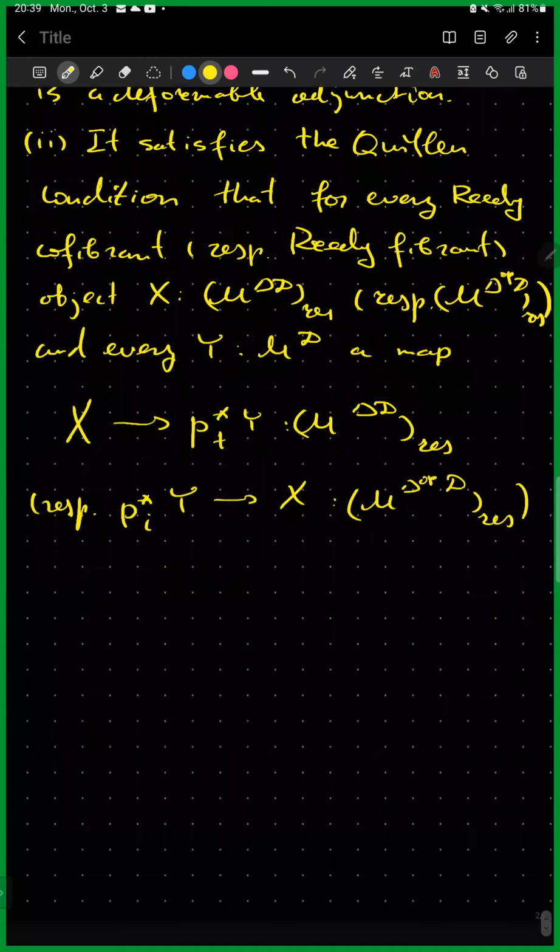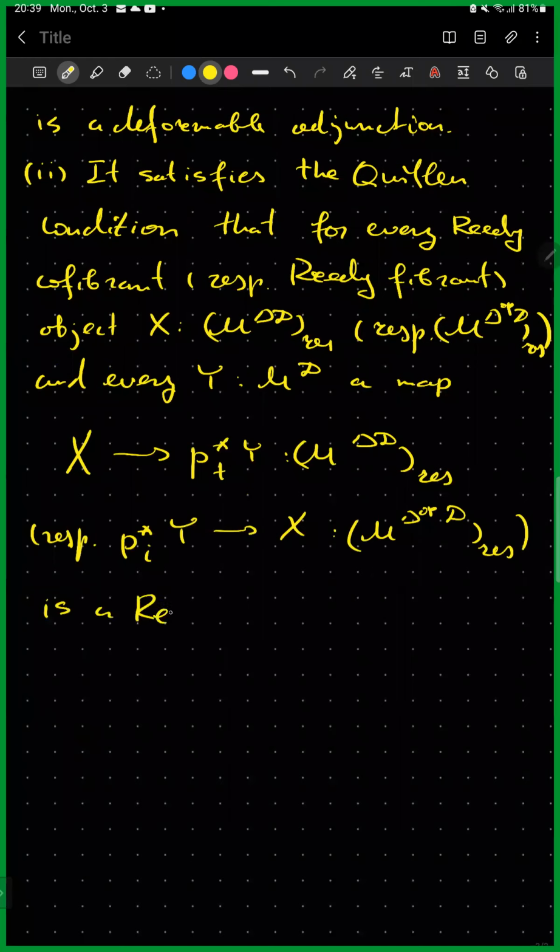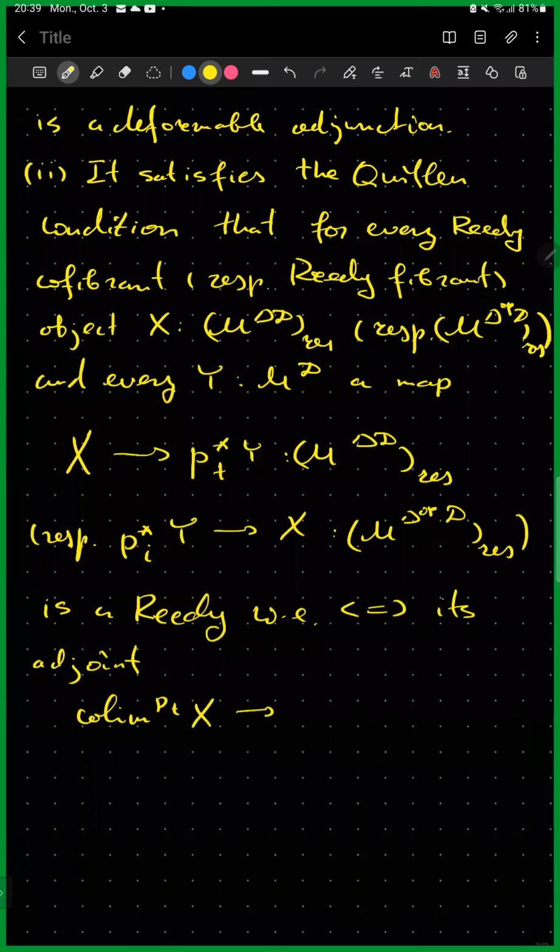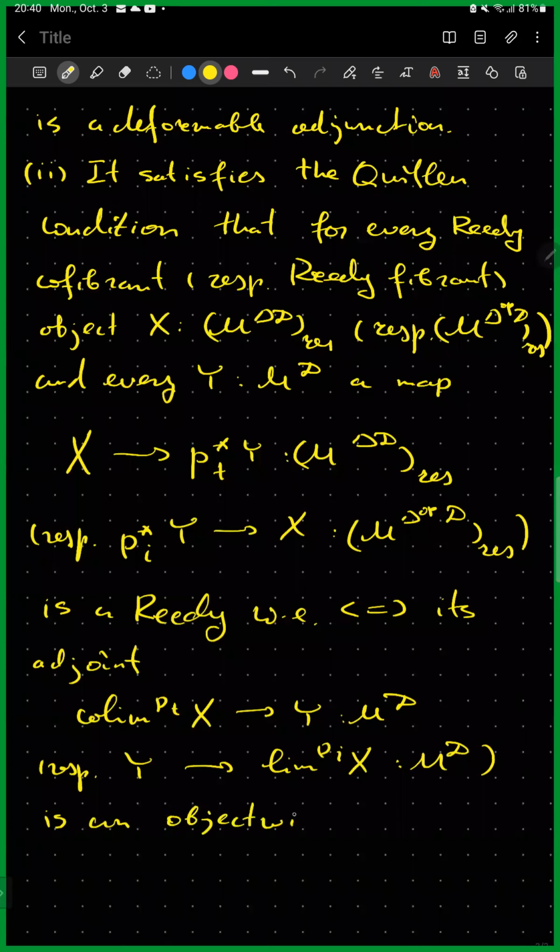So this map is a weak equivalence if and only if its adjoint map in the category of diagrams of one form or another is an objectwise weak equivalence.